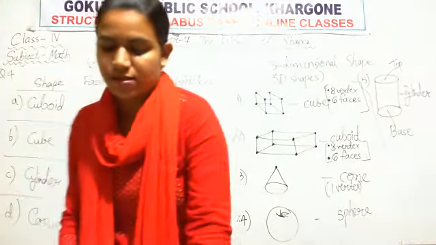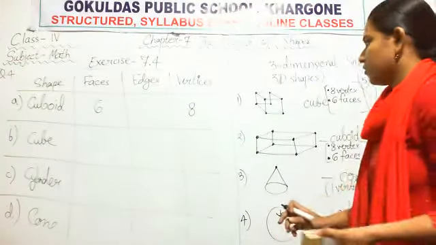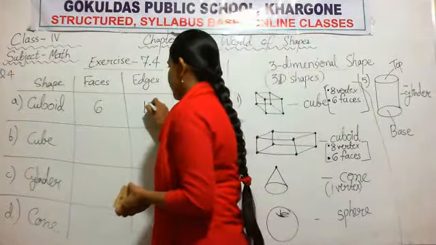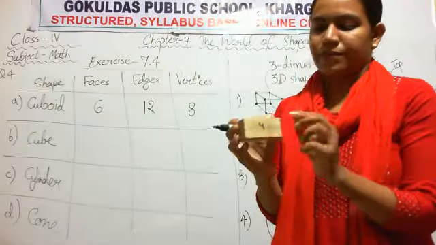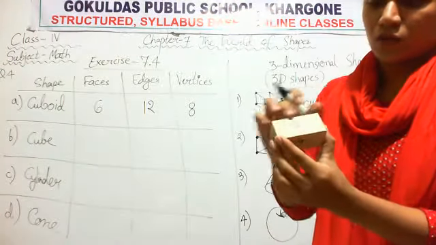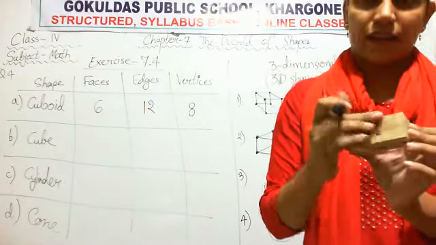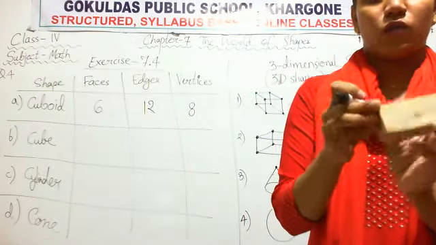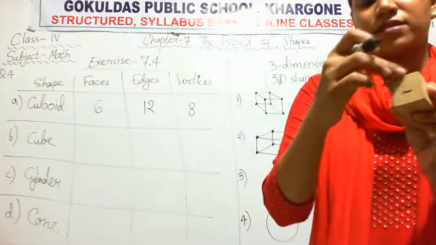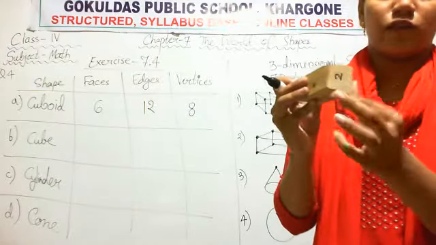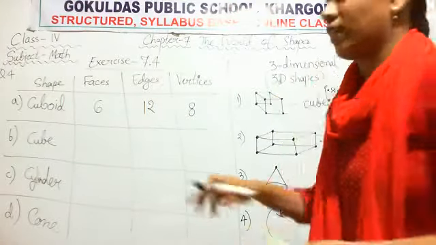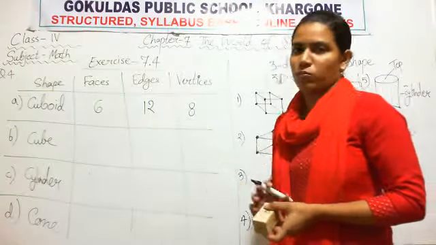See, 4 on this side, 4 on the back side. Now count the lines here, 1 and 2 and 1 and 2. 8 plus 4 is 12. So total 12 edges are there in the cuboid.